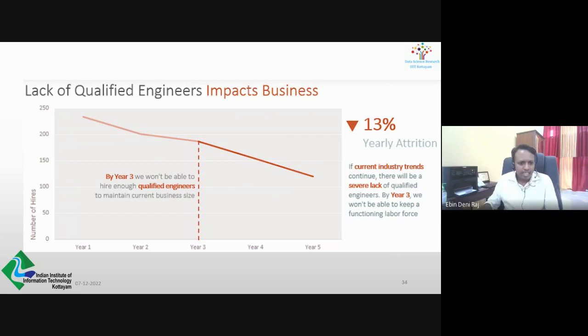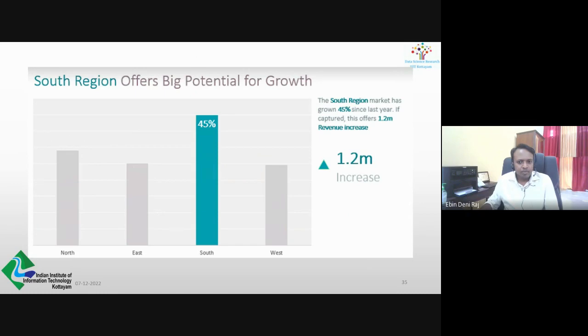So one more aspect we'll just see. If you take a look at this graph, the main point of the data is that the market size of the South region has grown by 45%. But this is contextualized with the indicator that shows that if the business captured that market, they can expect maybe a 1.2 million increase in revenue.